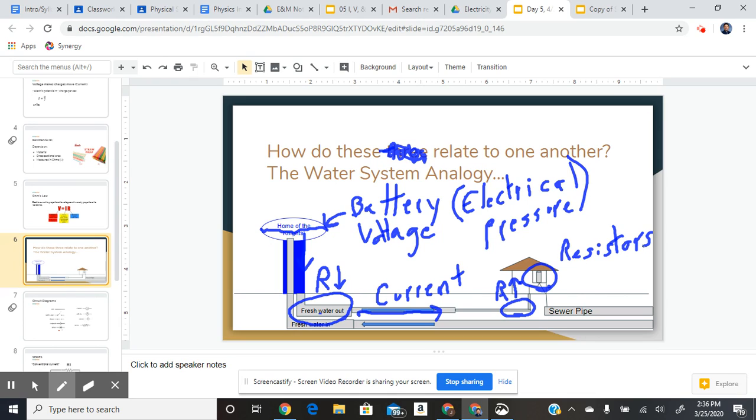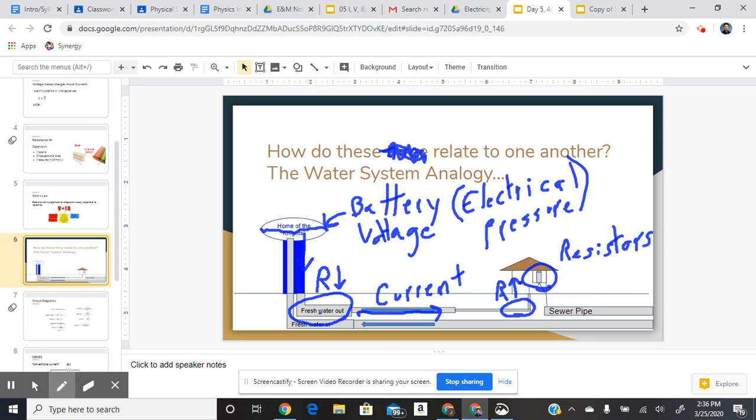It could be something like a light bulb, your radio that you plug into a wall at your house, or a motor of some sort. Literally anything that is slowing down the current of the circuit is going to be considered a resistor.